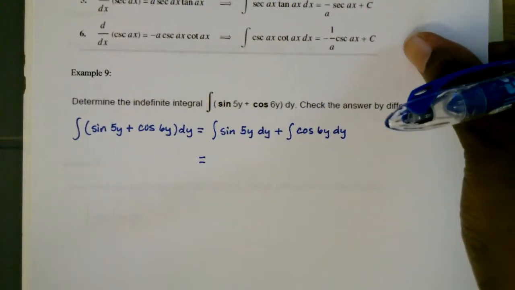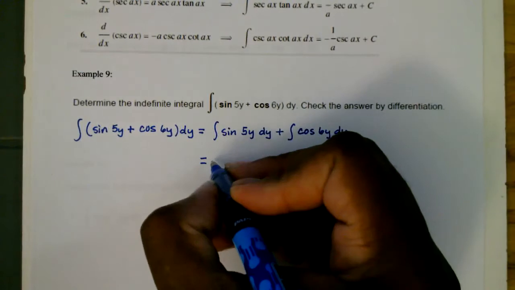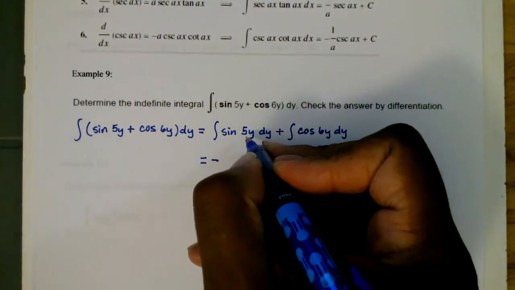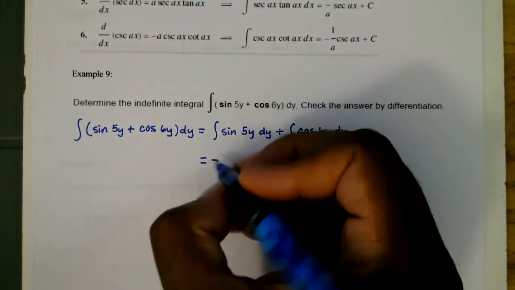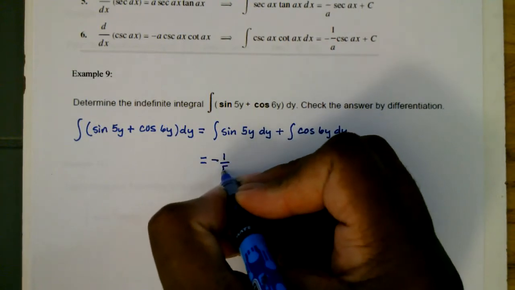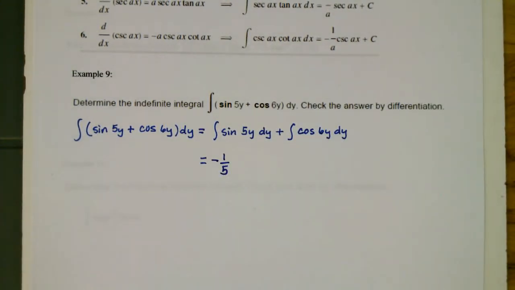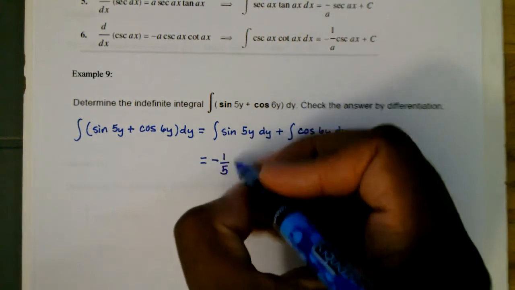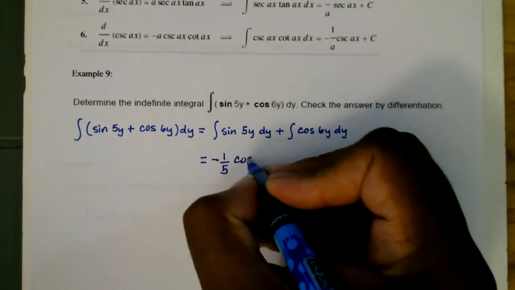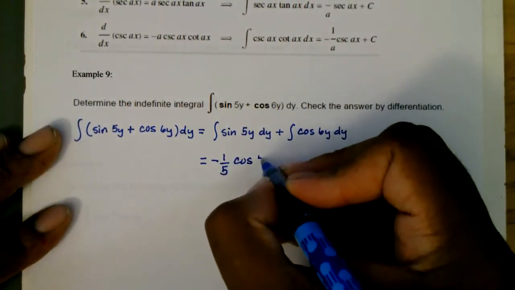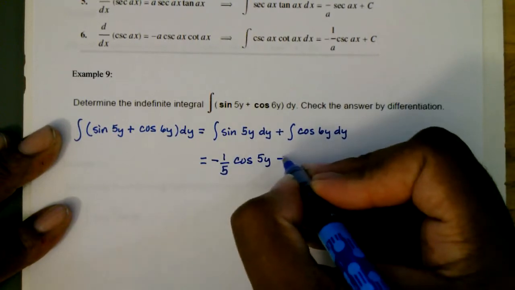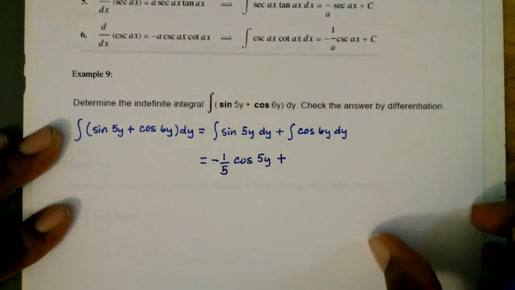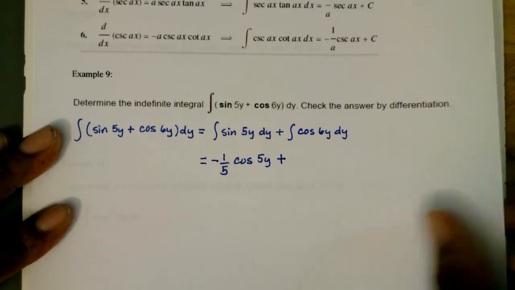So that means the integral of sine of 5y dy will be negative. Now the constant in front of that y is 5, so it has to be negative 1 over that constant, negative 1/5. The integral of the sine will be the cosine of 5y, and then plus the integral of cosine of 6y dy.